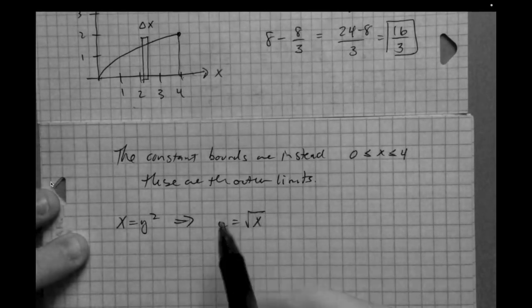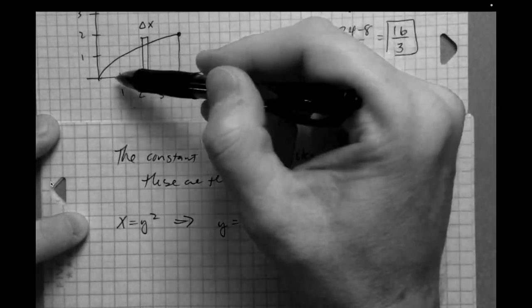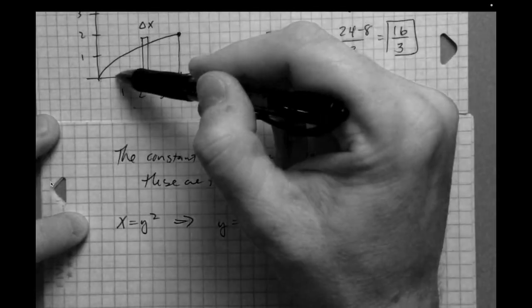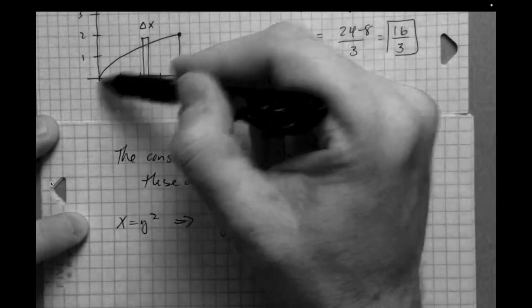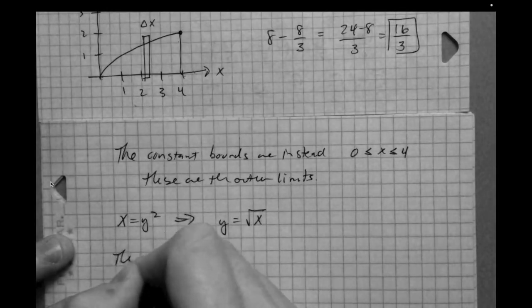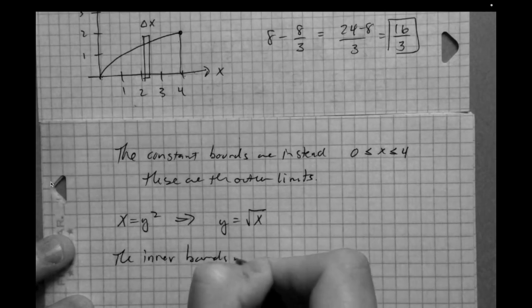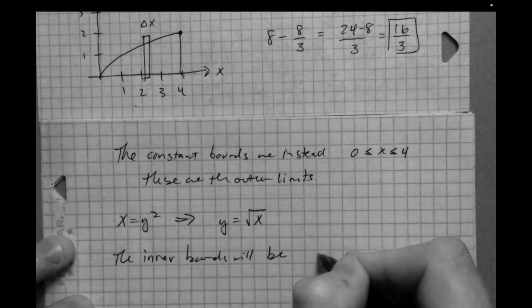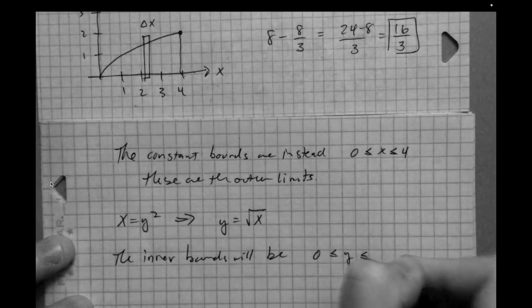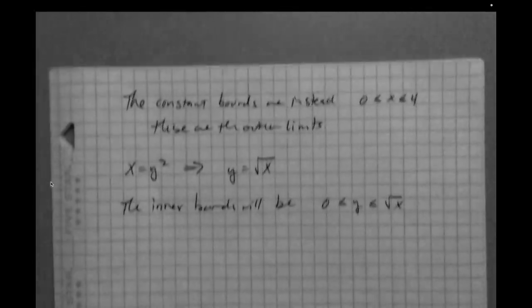So our inner bounds are going to run from 0; y is going to be between 0 and this function, y equals the square root of x. So the inner bounds are going to look like that.